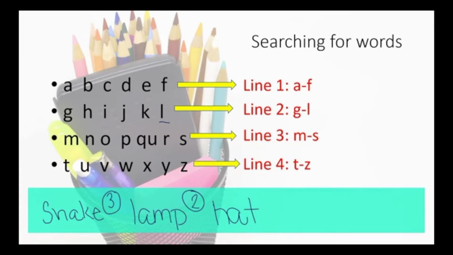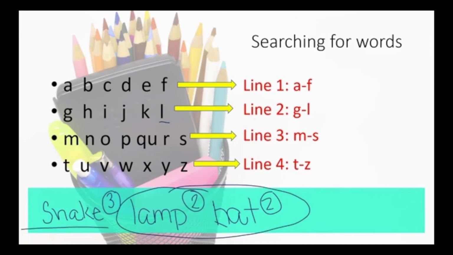And as I look for the H within the lines, I'm going to find it also is in line 2. This is going to help me as I'm putting my words in alphabetical order because now I have to decide between these two which one to put first, and I know that this one will be last. So as I look at these, lamp and hat, I can see where they fall, and that will help me to put them in order. Hat, and then lamp.